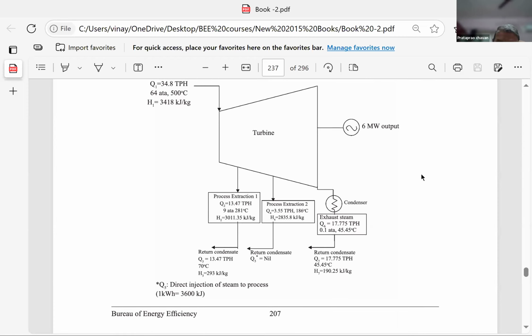Now, they have made it very simple: what is the heat content in this extraction, what is the quantity, what is the heat per kg. Again, convert this TPH volume multiplied by the per kg value. This is the total heat going to the process. Same thing for extraction: convert this many tons into kg, multiply by the per kg kilocalories or kilojoules value, and that is the total value going to this.